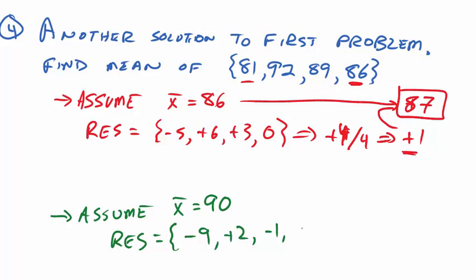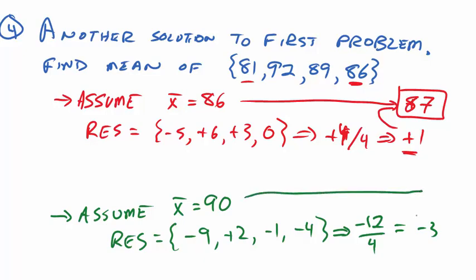My 86 is 4 below. So when I add up all of those, I get minus 10 minus 14 plus 2 is a total of minus 12. Spread over the 4 numbers is a minus 3. If I take my assumed 90 and my average off, 90 minus 3 is 87.